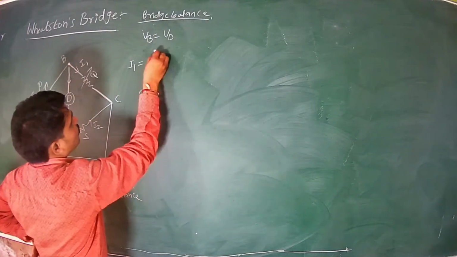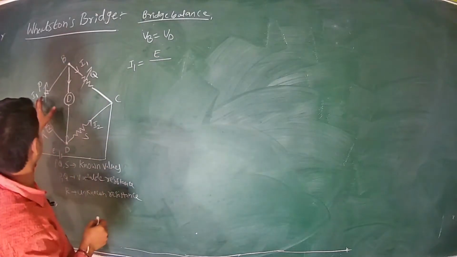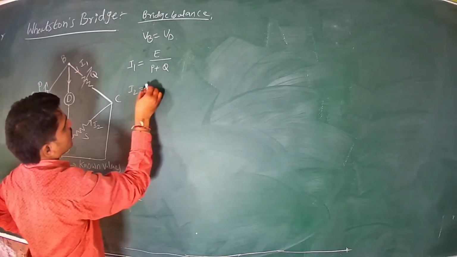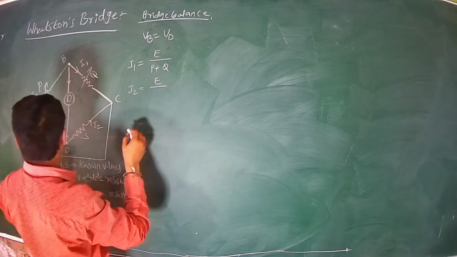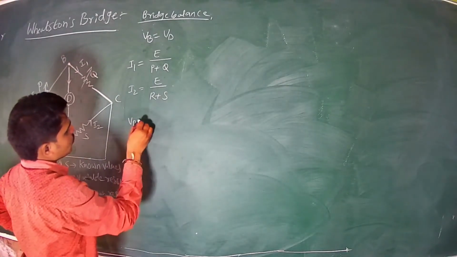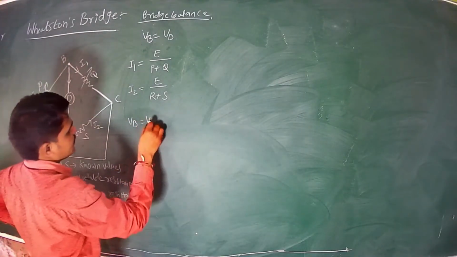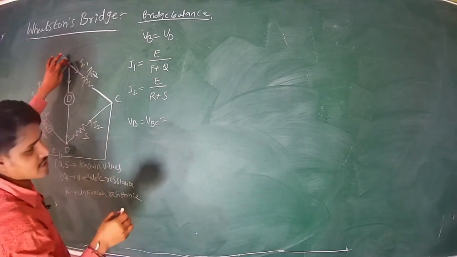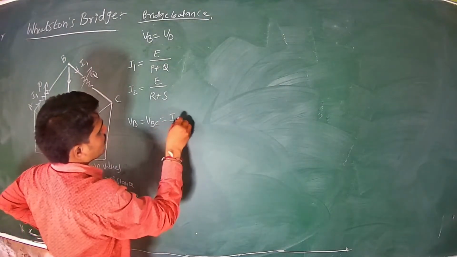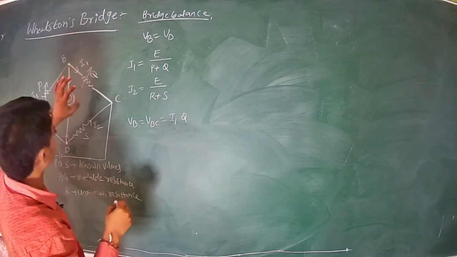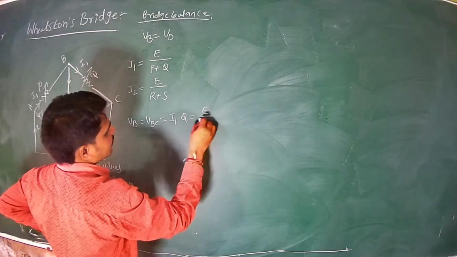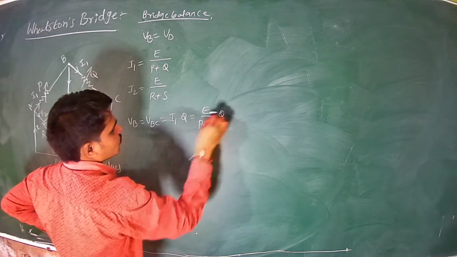Therefore I1 is equal to E by P plus Q, and I2 is equal to E by R plus S. Therefore VB, that is VBC, is the voltage across the Q resistor, so I1 into Q, that is E by P plus Q into Q.